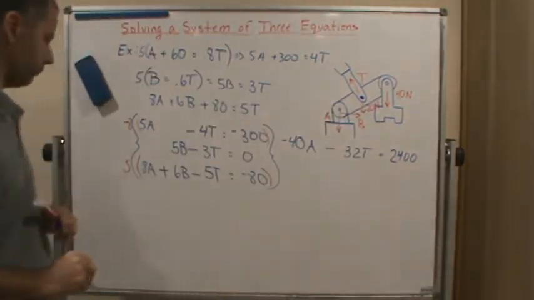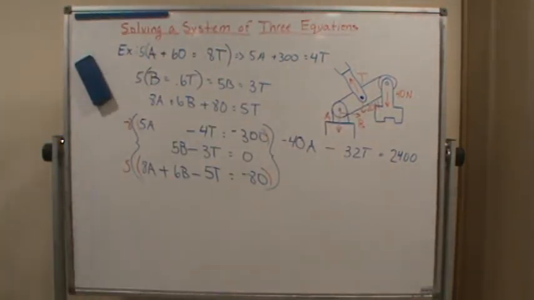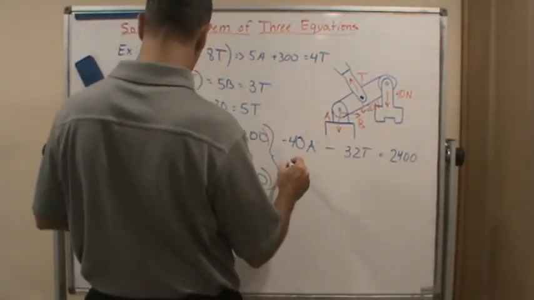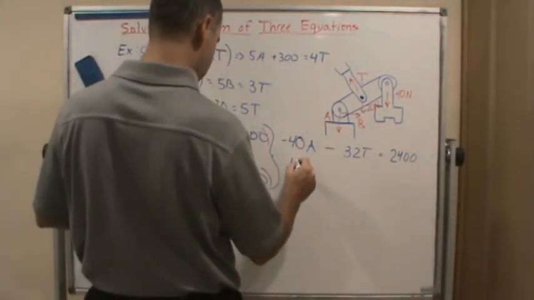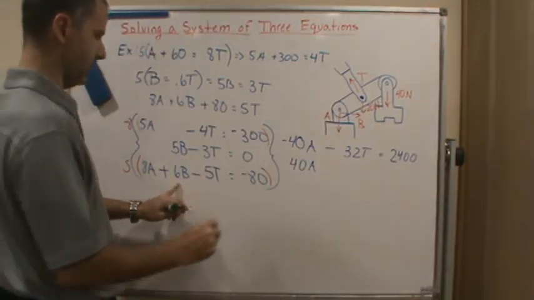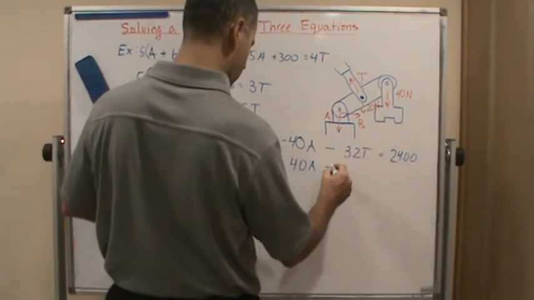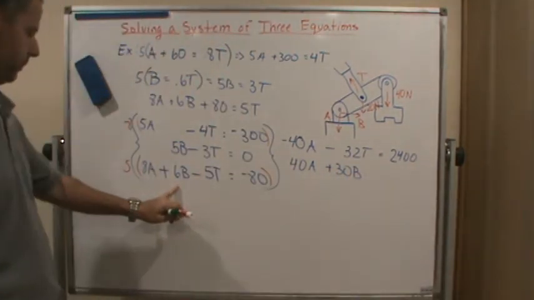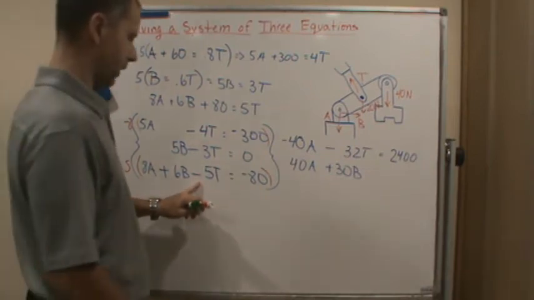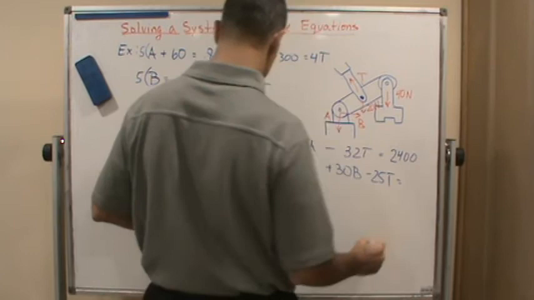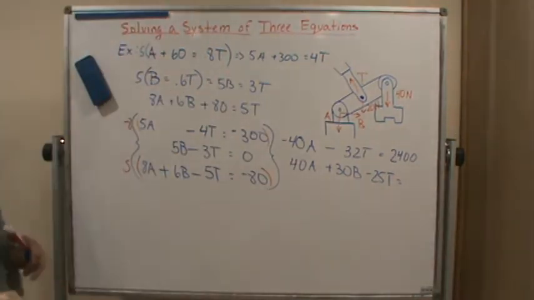Okay? And here I get positive 48 plus 30B minus 25T equals -400.